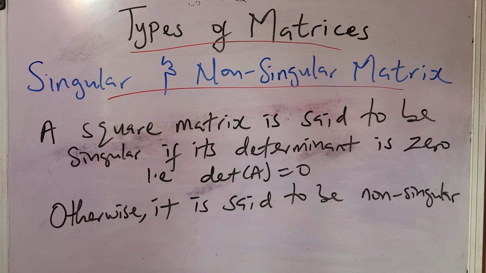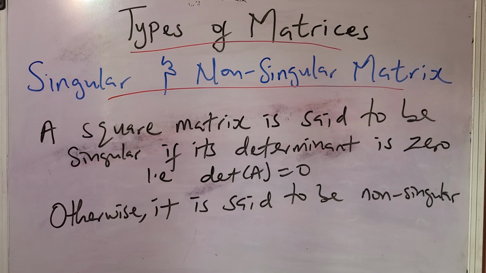All right, let's talk about singularity and non-singularity of a matrix. We call a matrix singular if its determinant is 0. So when you have a square matrix and you decide to get its determinant, if the result is 0, you define that matrix as being a singular matrix.